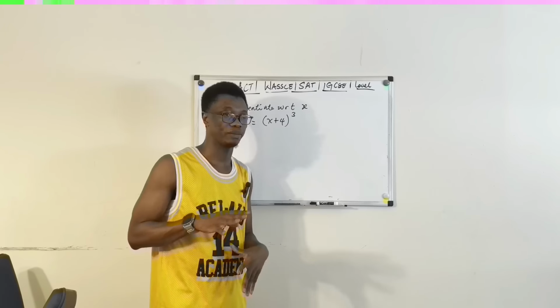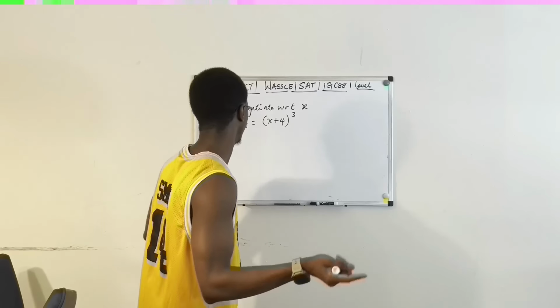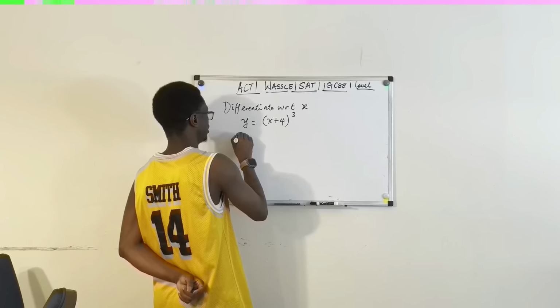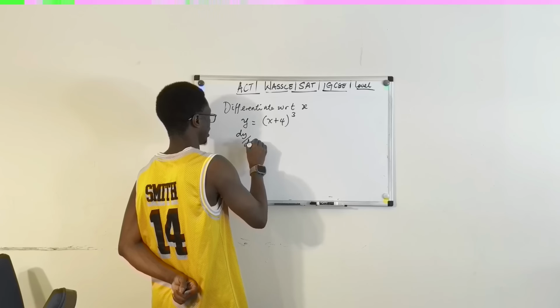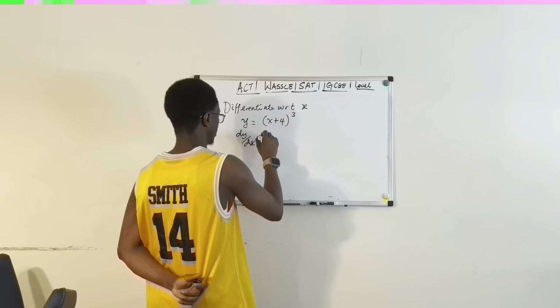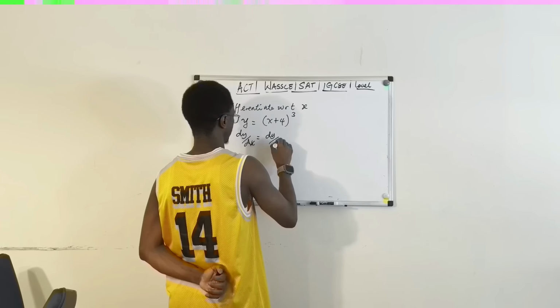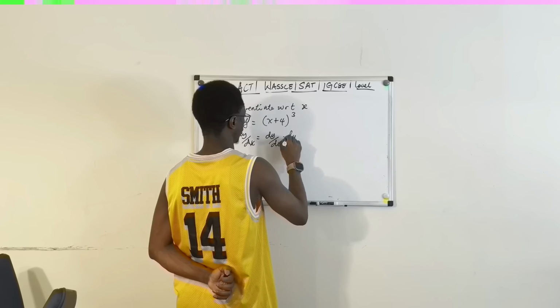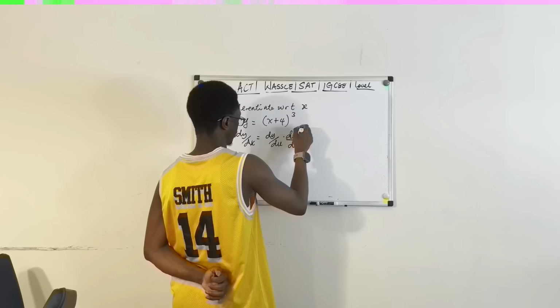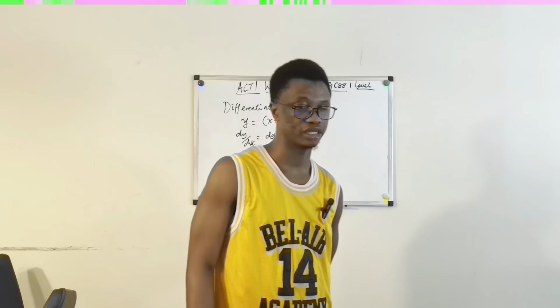So the rule we have to apply here, we apply the chain rule. The chain rule says that dy over dx equals to dy over du multiplied by du over dx. So if this and this cancel, you are still left with your dy over dx.